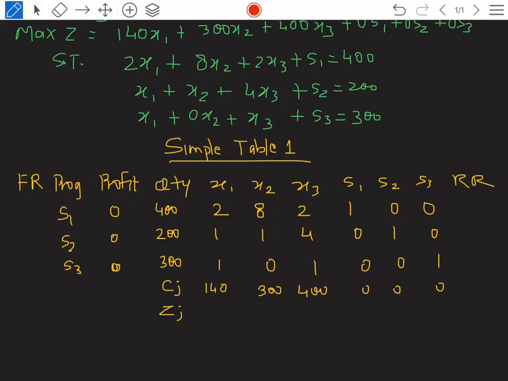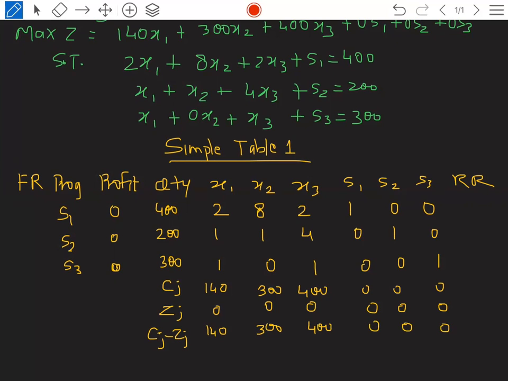So that's 2 into 0, 0, and 0. Everything is going to be 0. In the first simplex table, in case of maximization, it's 0 because there is no opportunity cost. And then finally, we have Cj minus Zj, which is 140, 300, 400, 0, 0, and 0.